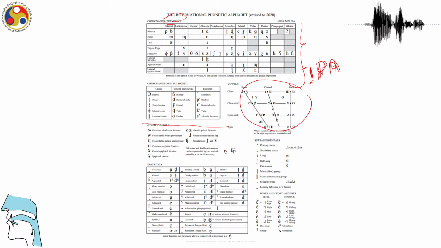Now, apart from that, we also have the diacritics. So the diacritics show that there are various subtle things that are there in sounds. For instance, a voiced sound may be voiceless, and the devoicing has to be shown with a diacritic, which you see as the small circles beneath the sounds. And then voiceless sounds can be voiced.